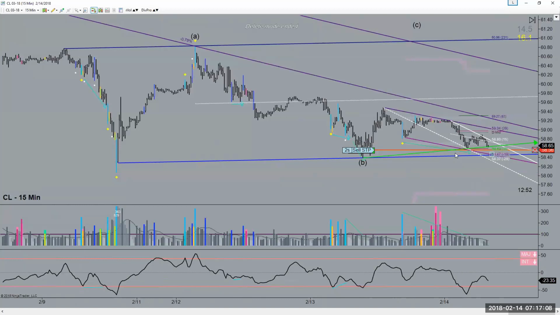Well, the only thing I really have protecting now is the trend line from where I entered to the low early this morning.